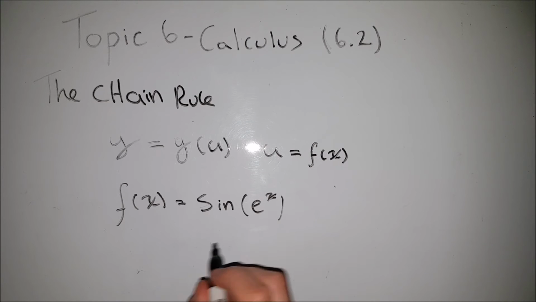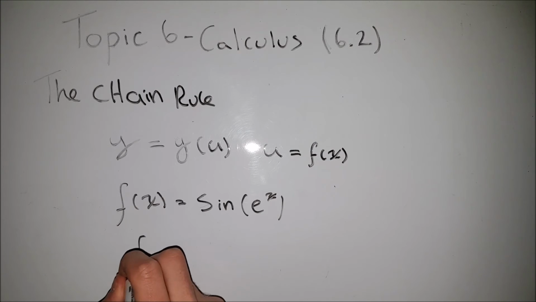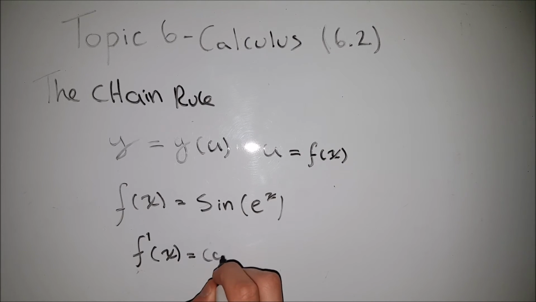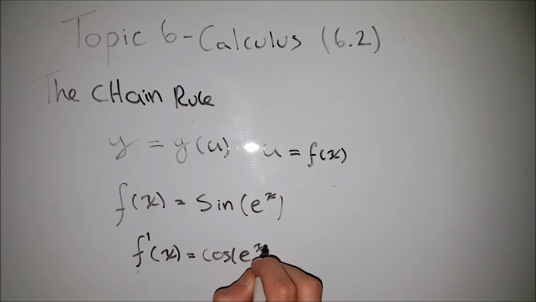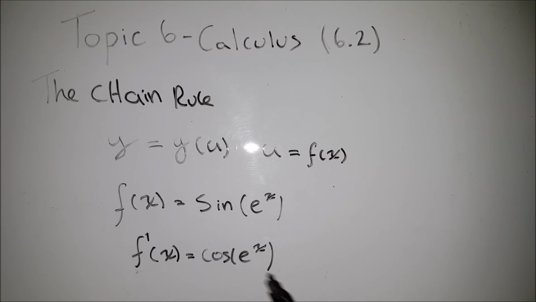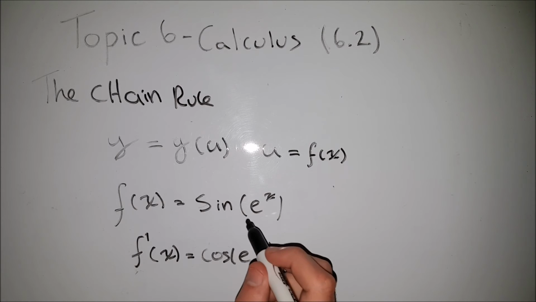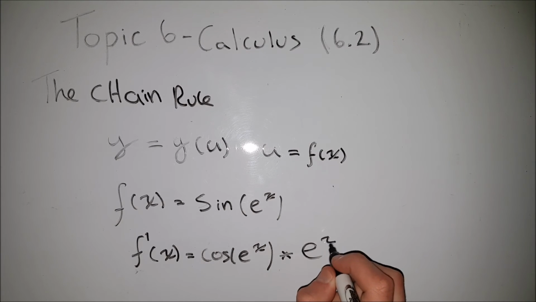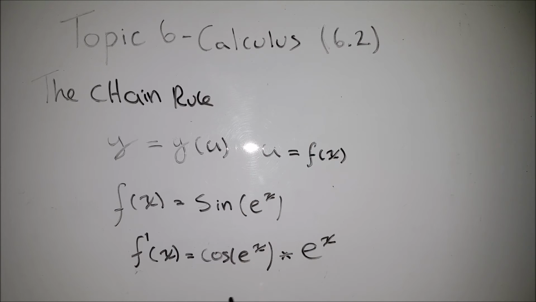If we want to find the derivative, we'd first do the derivative of the first function, so that will be cosine of whatever is inside the brackets. Then we'd still have to multiply that by the derivative of the function inside of the function, so the derivative of e to the power of x. Remember, that's always just e to the power of x. And that's how you use the chain rule.